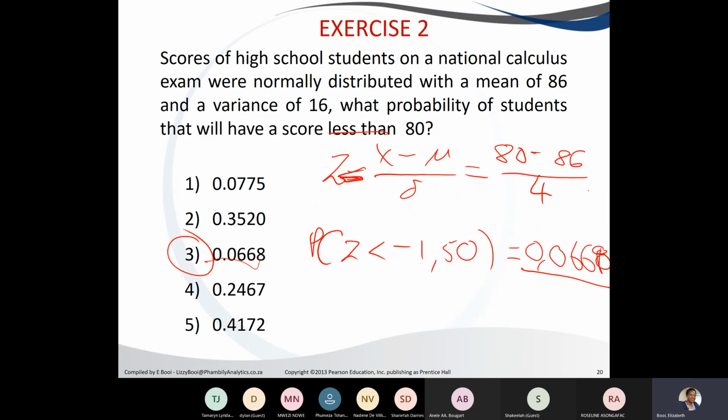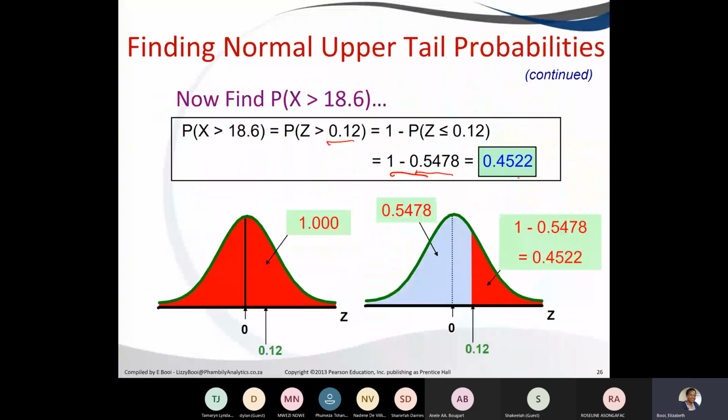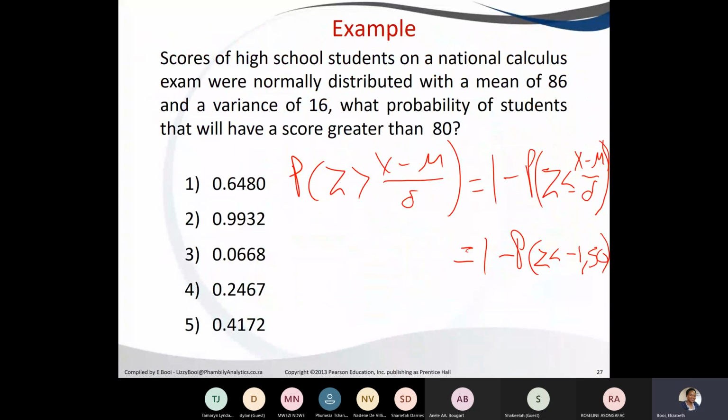We can then substitute that probability into 1 minus 0.0668, which gives us 0.9932.